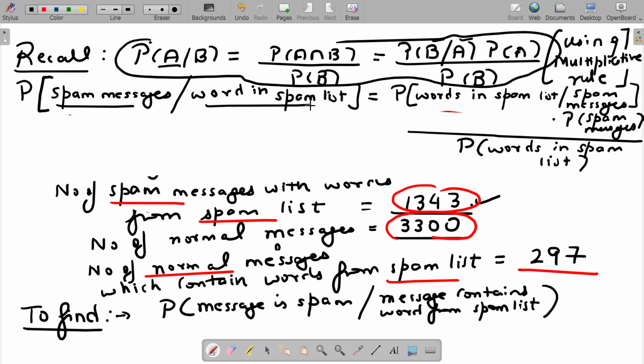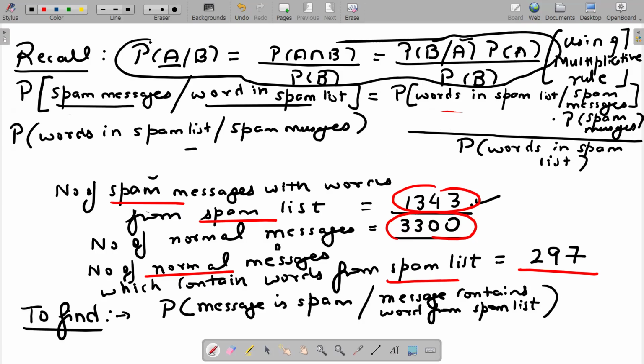Now, let's first of all find out the probability of words in the spam list given spam messages. How many words do we have in the spam list given spam messages?